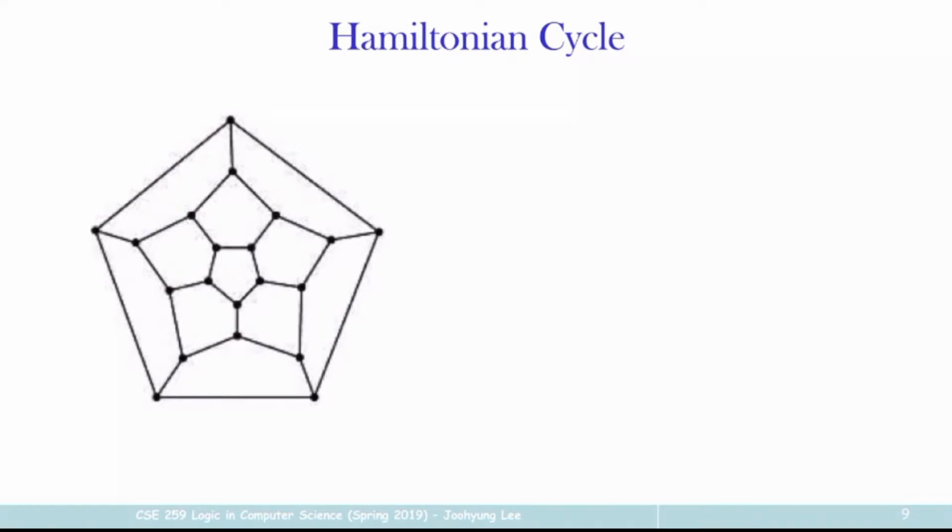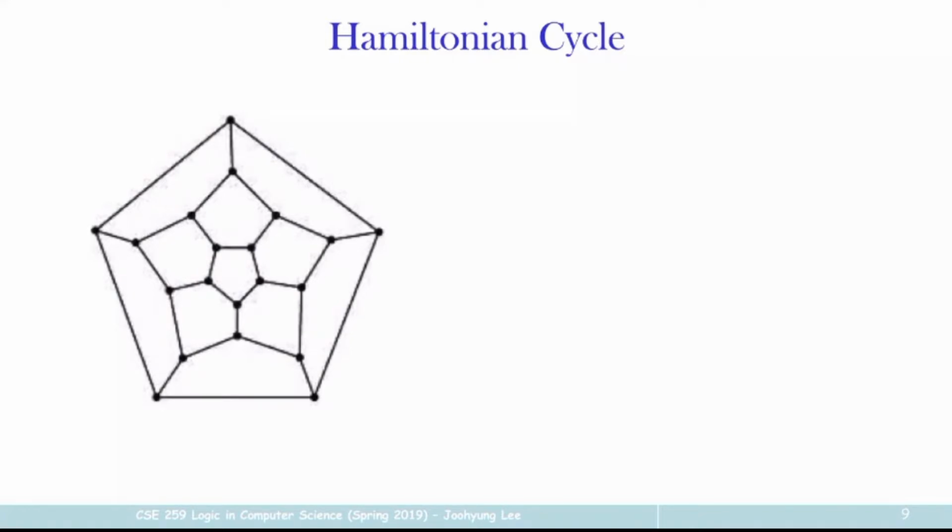Imagine that each node is a city, and there is a road between the cities. The job here is that this man has to travel all the cities and come back home, but we don't want to visit the same city again, while also covering all the cities.